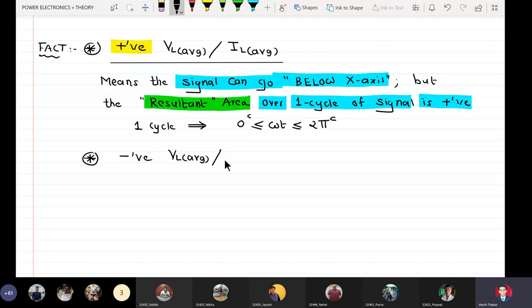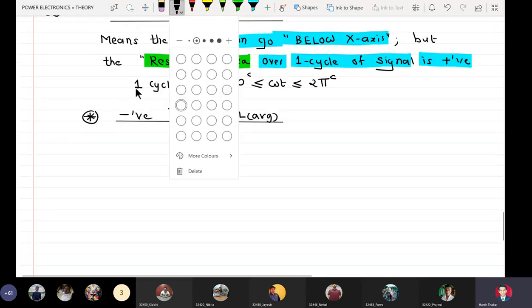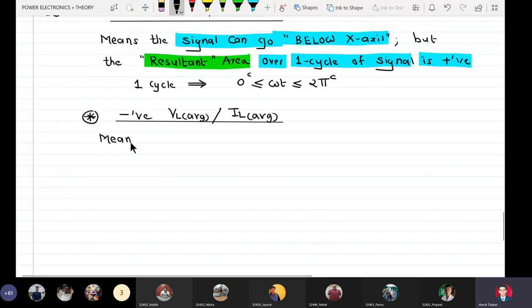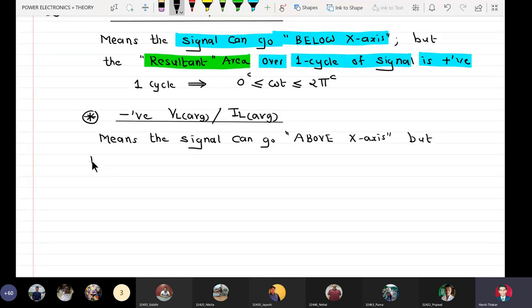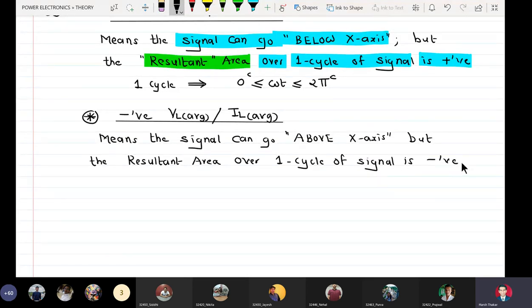Negative VLAVG or ILAVG means the signal can go above the x-axis, but the resultant area over one cycle of the signal is negative.